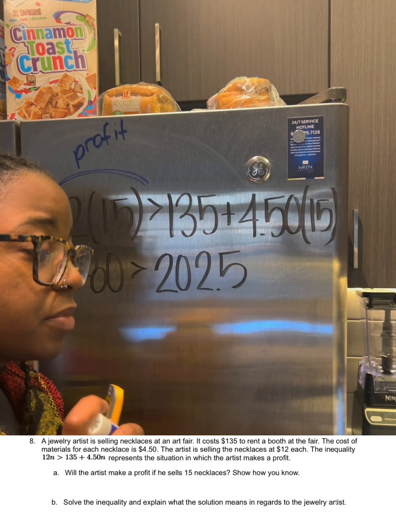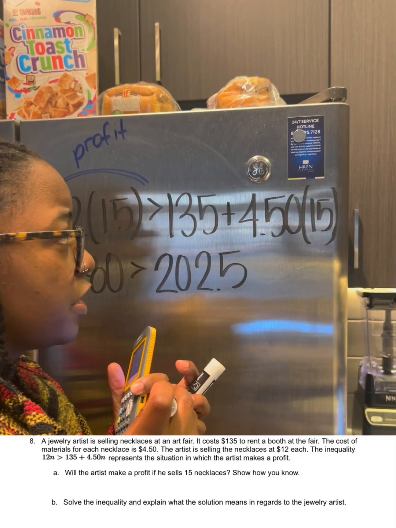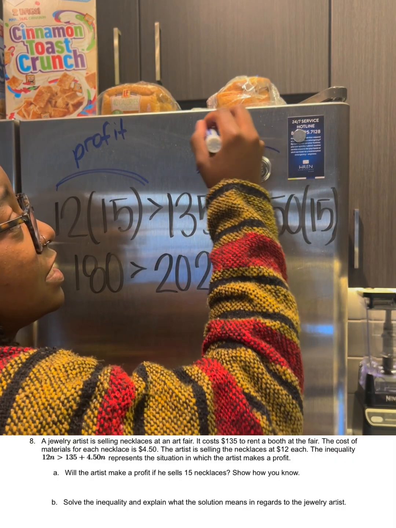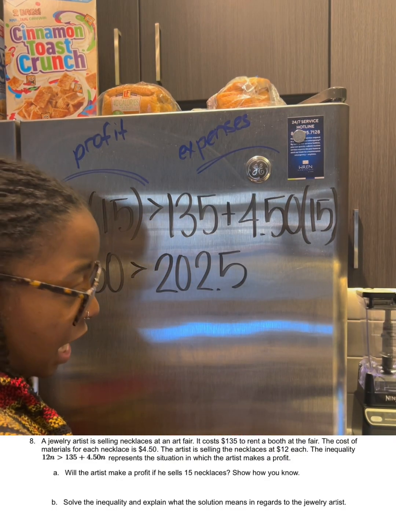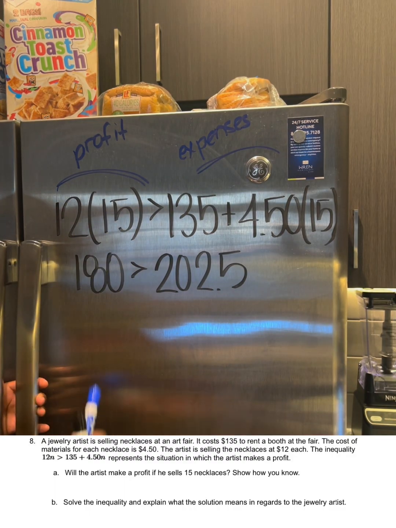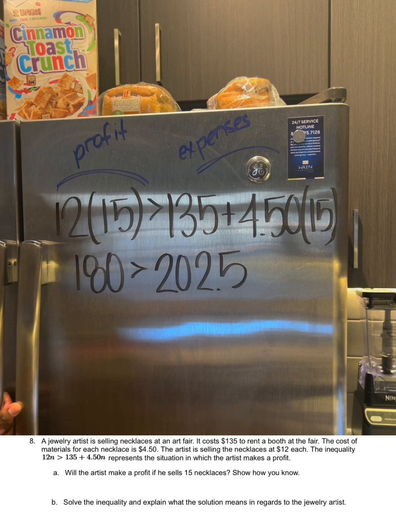So the cost of the materials is $4.50 each, and then $135 to rent the booth. So this is his expenses. This is already telling me that no, he is not making a profit. And your explanation should be, when he sells 15 necklaces, he made $180, but it cost him $202 to make 15 necklaces. So he's not making a profit.